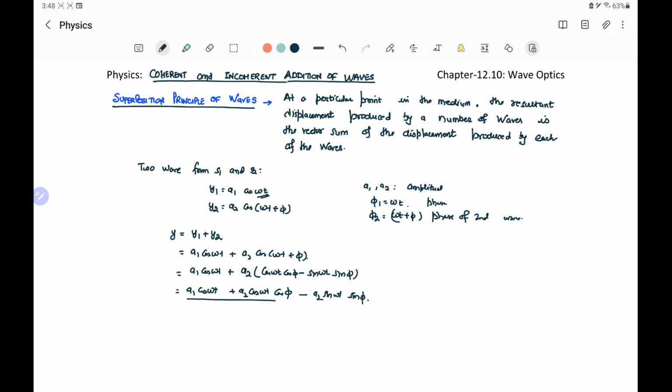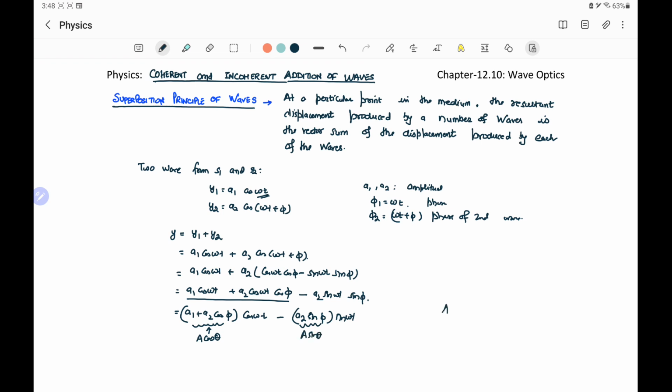From these terms, cos omega t is common, so it will be (a1 plus a2 cos phi) cos omega t minus a2 sin phi sin omega t. Now suppose the first coefficient is A cos theta and the second is A sin theta.